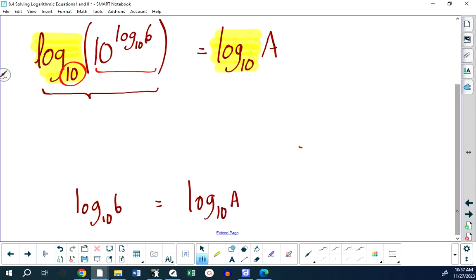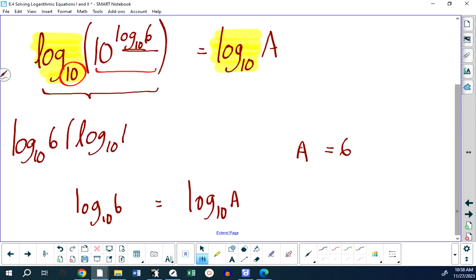Well, that must mean A is 6. All right? But a couple of observations are in order. One, you didn't have to reason it out that way. You could have said that I'm going to take this exponent and write it in front. I'm just using the power law. But log base 10 of 10 is 1 because you raise 10 to the 1 to get 10. So you're still left with the same statement.